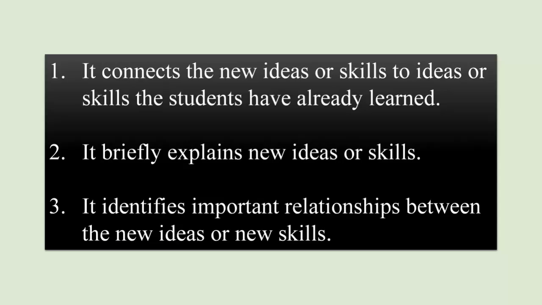As a framework for new concepts or skills, an advanced organizer does 3 things. It connects the new ideas or skills to ideas or skills the students have already learned. It briefly explains new ideas or skills. It identifies important relationships between the new ideas or new skills.